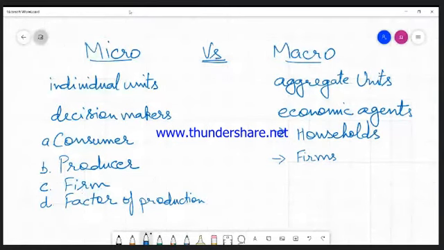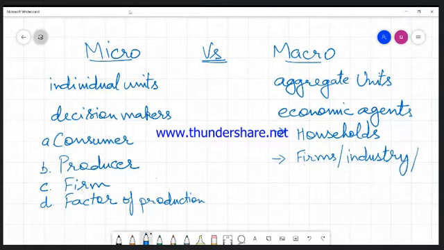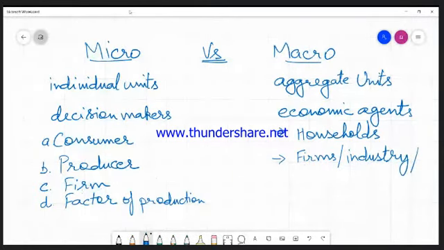So instead of calling it group, we can call it industry. We can call it corporate sector. Now this firms or industry or corporate sector can be both private sector and public sector.